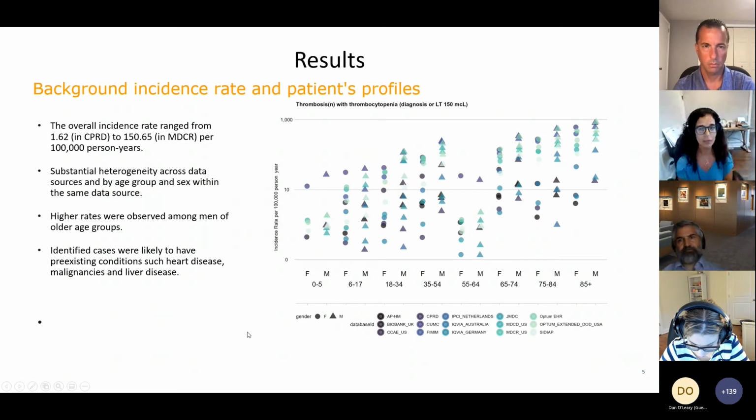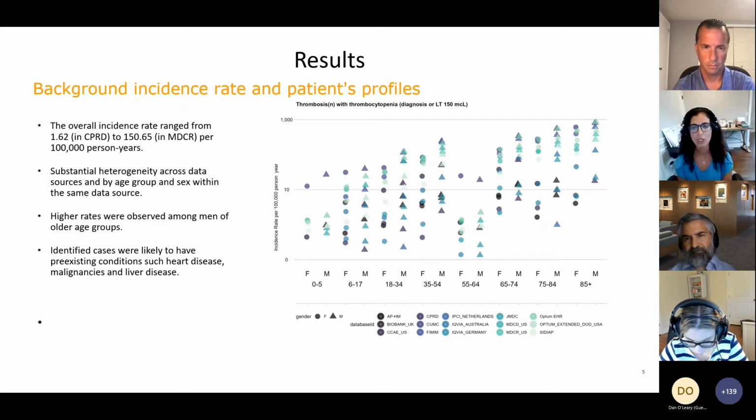What we see from the beginning is that the overall incidence rate ranged really widely, from 1.62 in CPRD to 150.65 in Medicaid per 100,000 person-years. That was important for the clinical community to know, because at the time VATT became a phenomenon, clinicians believed that thrombosis happening with thrombocytopenia just never happened.